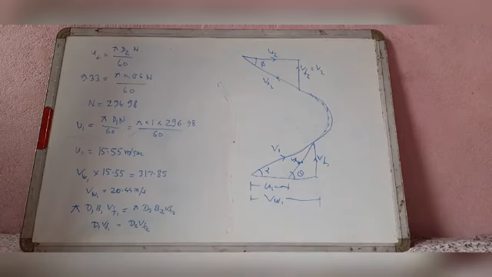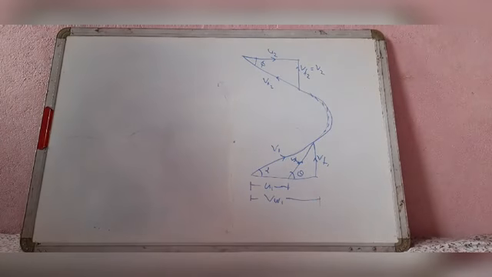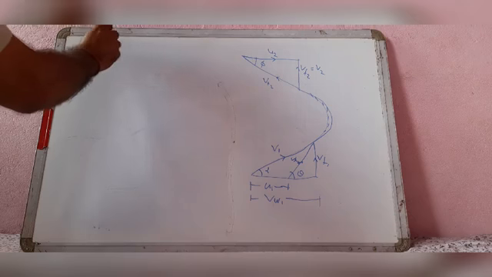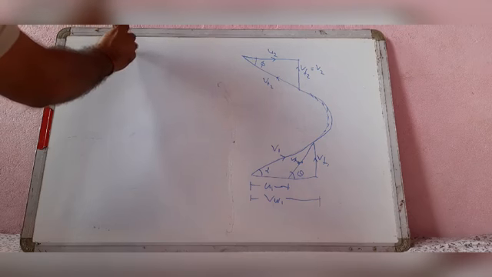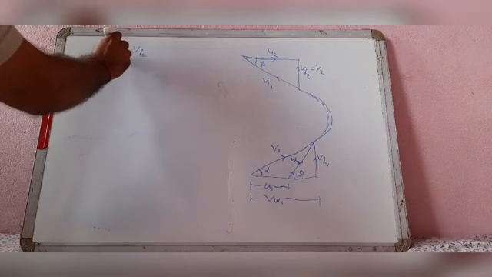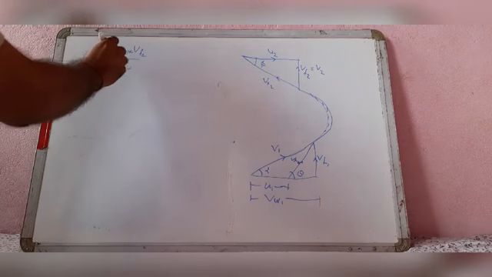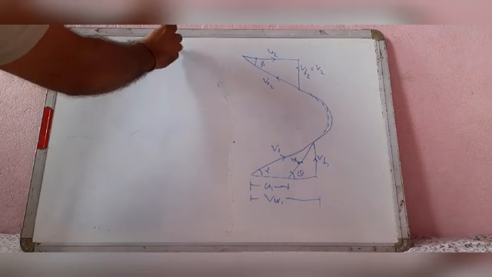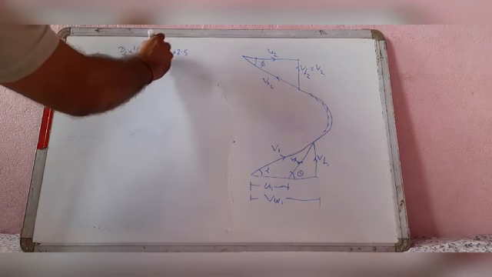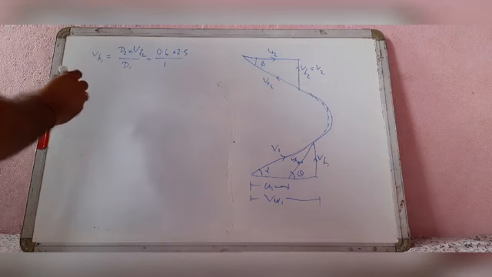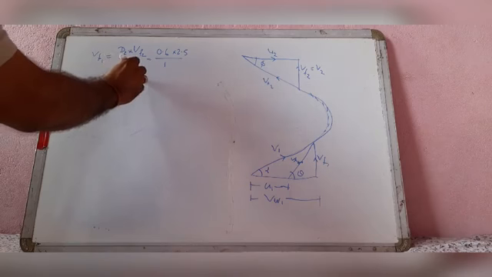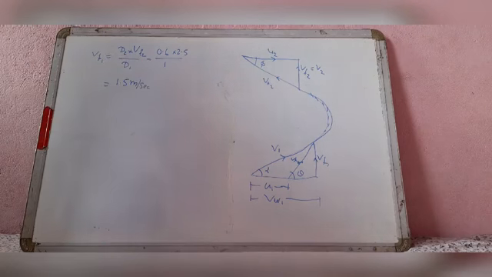Putting the values here, Vf1 equal to D2 Vf2 by D1, that is equal to 0.6 into 2.5 by 1. So this comes to 1.5 meter per second.